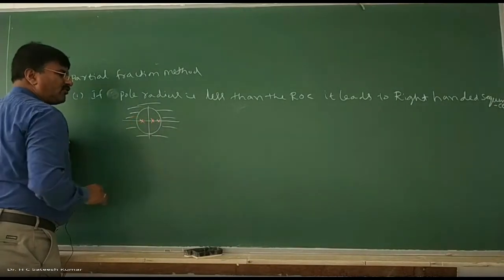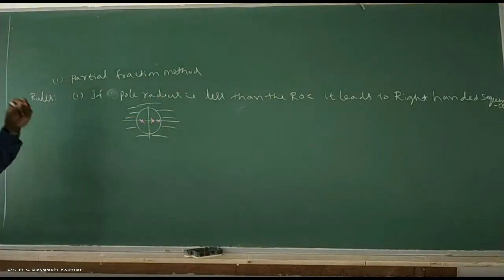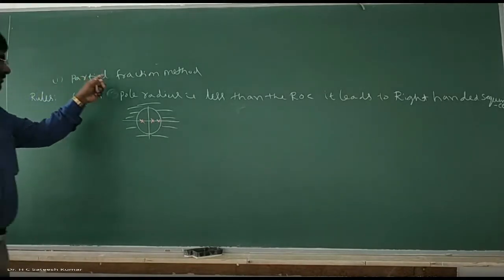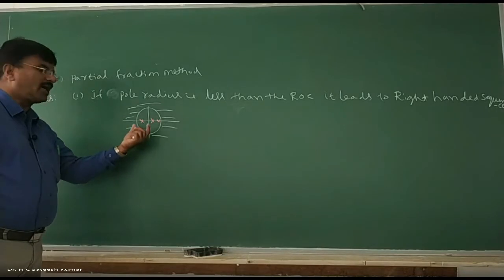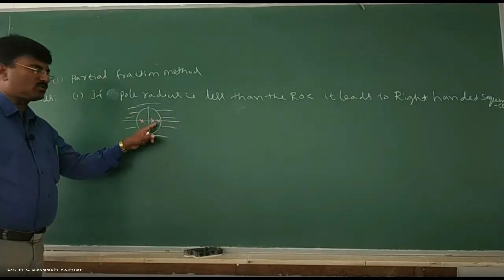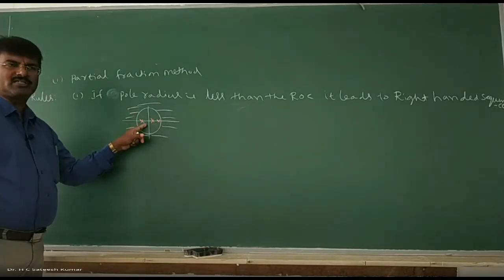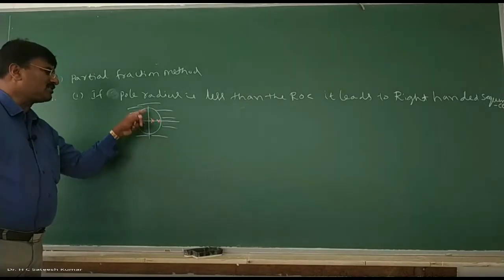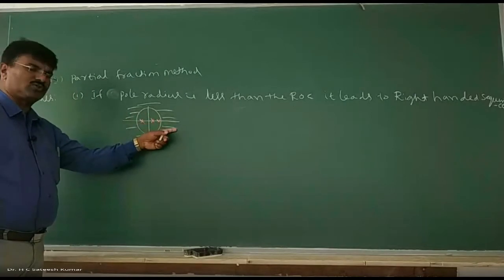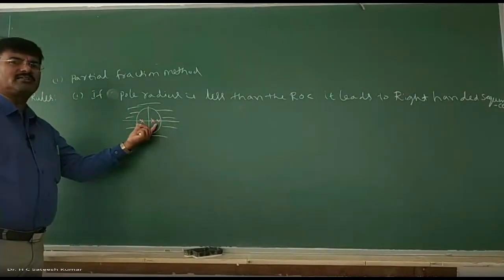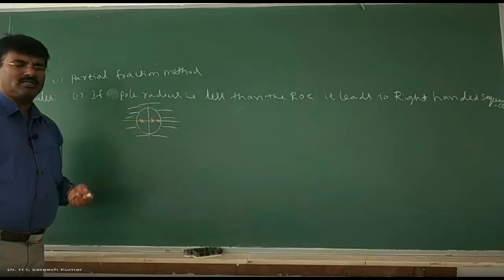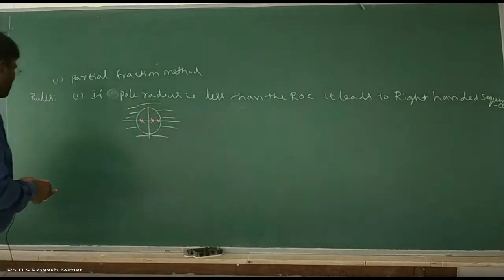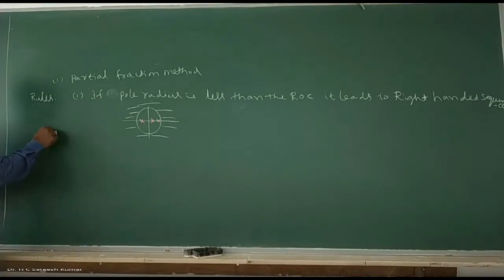So as soon as x of z and ROC are given, using partial fractions, find the separate standard forms, then identify the poles and sketch the ROC and pole-zero locations. If the poles are inside, that means the pole radius is less than the ROC, then it leads to a right-handed sequence.